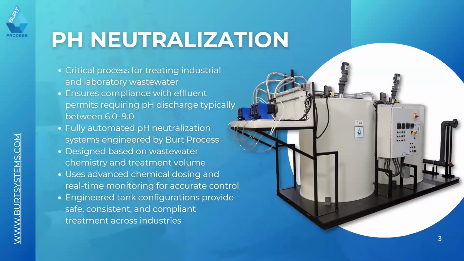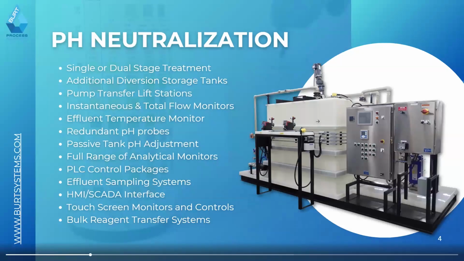So the 3 parameters you're typically looking for at the end of your pH train tend to be pH, flow, as well as temperature. So it's important to monitor and treat all of those as part of a basic pH neutralization package. pH systems come in a wide variety between single and dual stages, obviously dependent upon the nature of the pH coming into your waste, how strong it is.